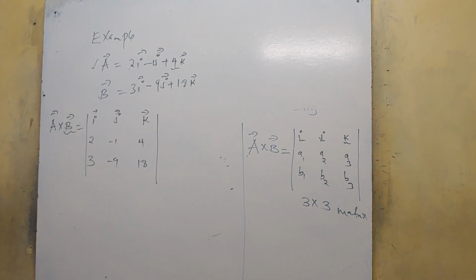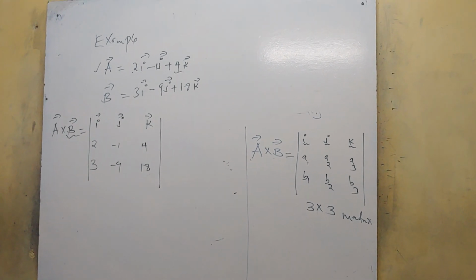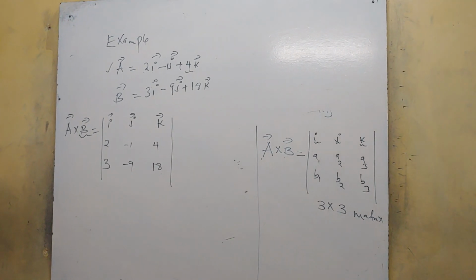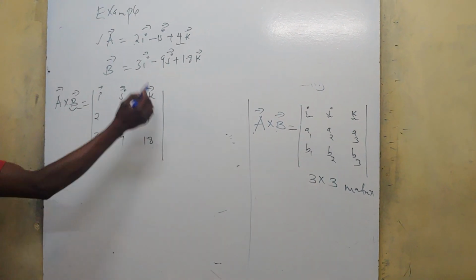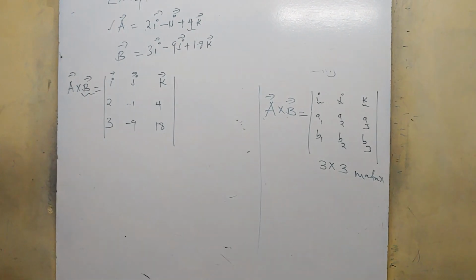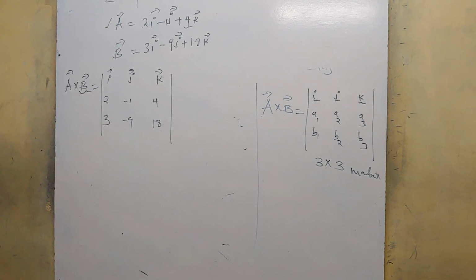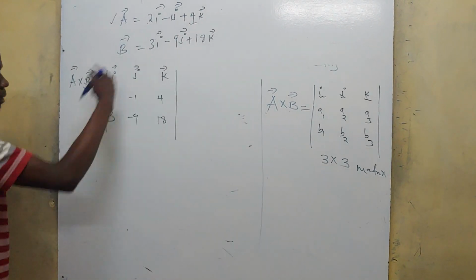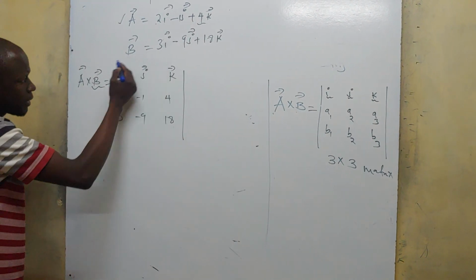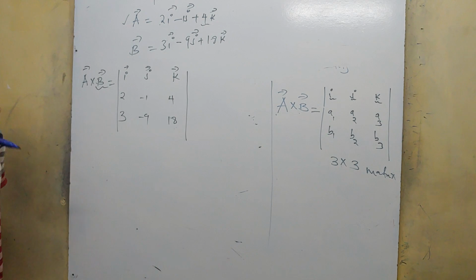So how do we go about it? Whenever you want to find the determinant of a 3 by 3 matrix, it is given by the top row. This top row is the one that is going to help us, and we give the elements in the top row signs, starting with positive.